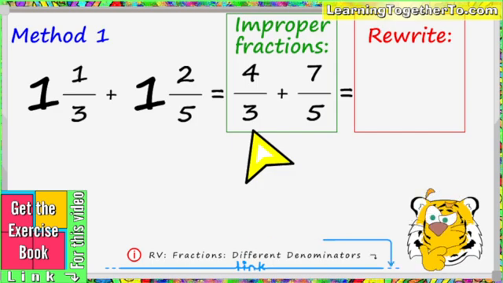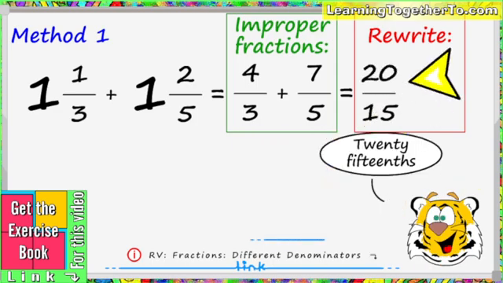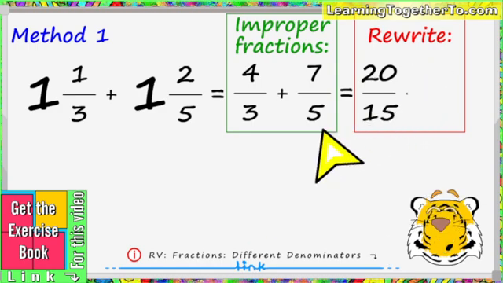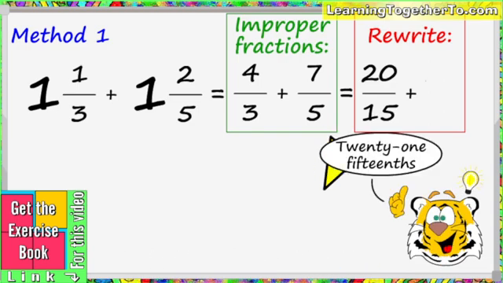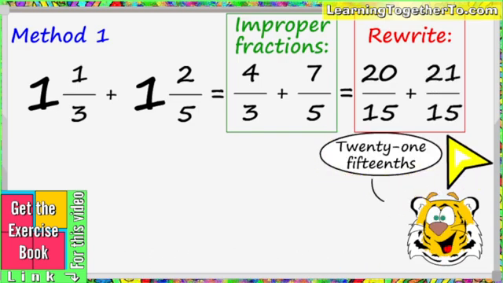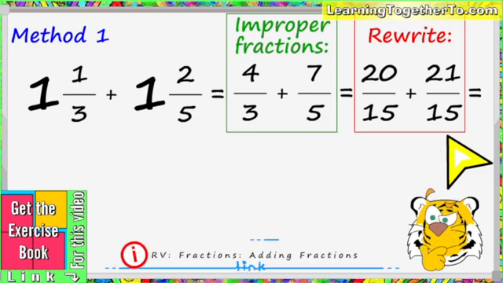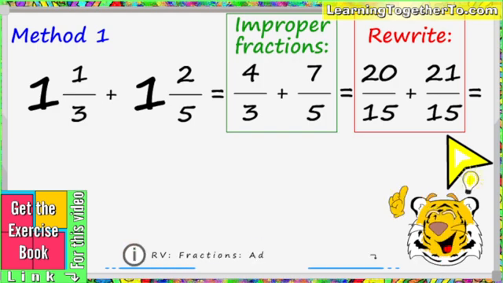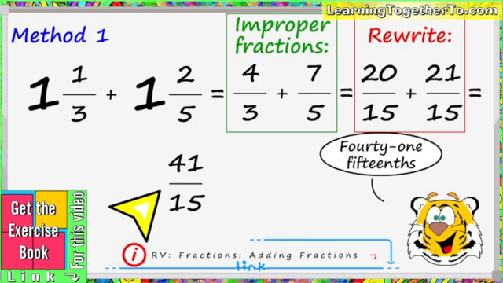4/3 is the same as 20/15. Great job, Tim. 7/5 is the same as 21/15. Nicely done, Tim. 20/15 plus 21/15 is equal to 41/15.